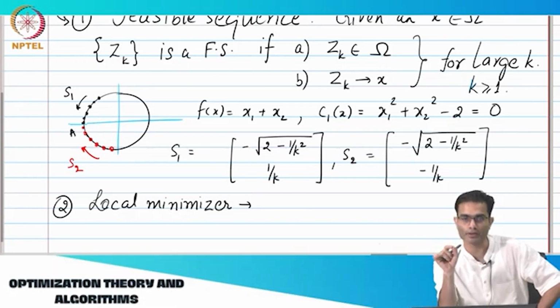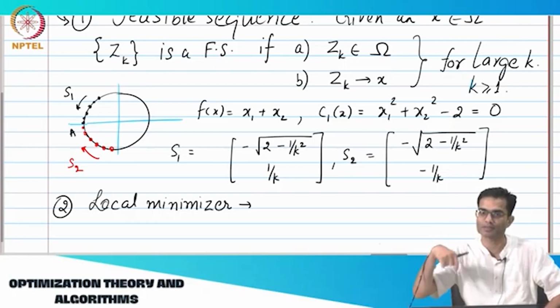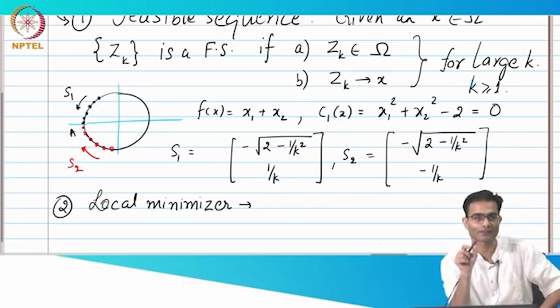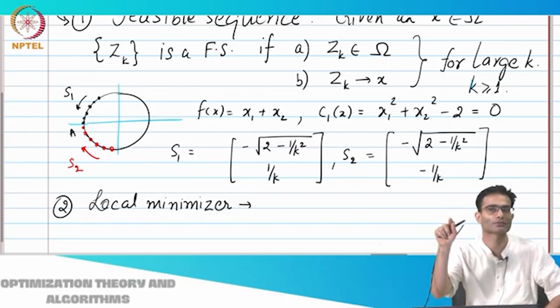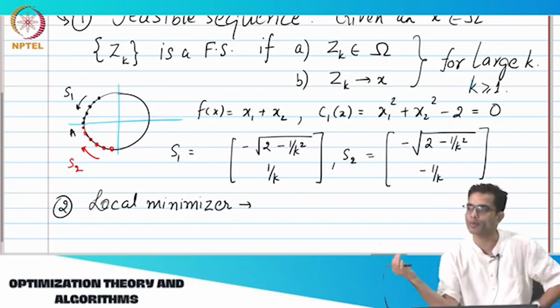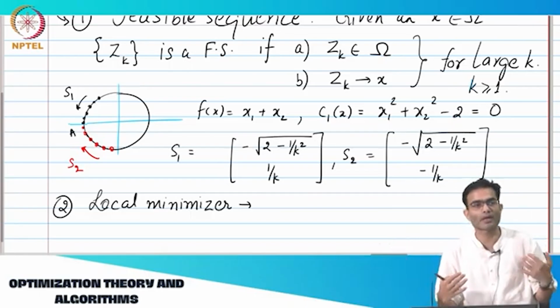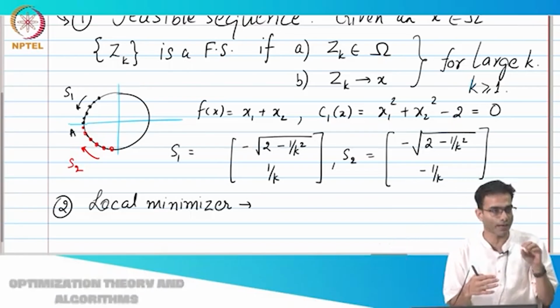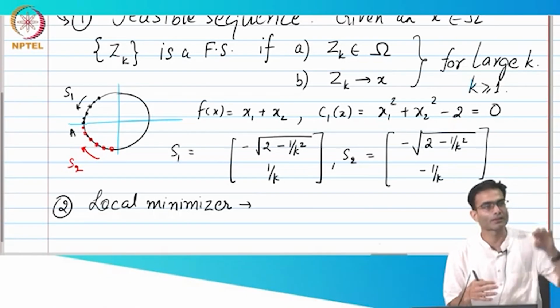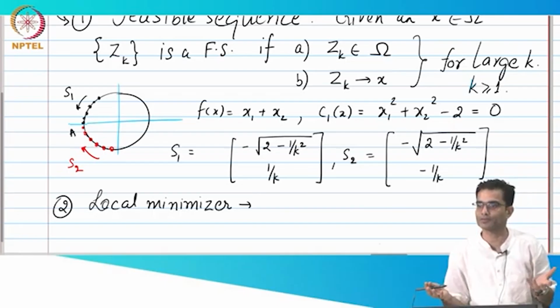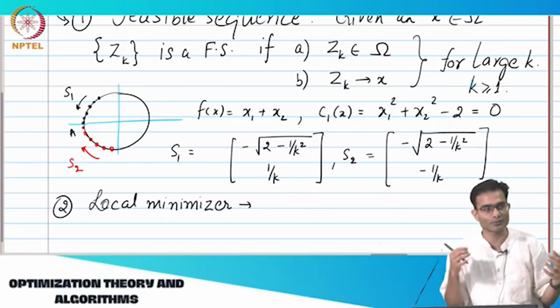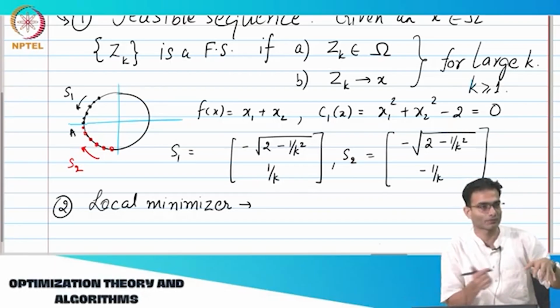If I find a point such that no matter what feasible sequence I construct, the value of the function at that point is always less than or equal to that on the feasible sequence, that is a signature of it. So no matter in which direction and what way I approach this point, the function value at that point is always less than what is there on the feasible sequence. That is a perfect signature for a minimizer. So you see how we are using geometry to arrive at the minimizer now, right?